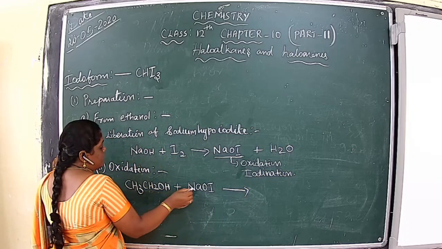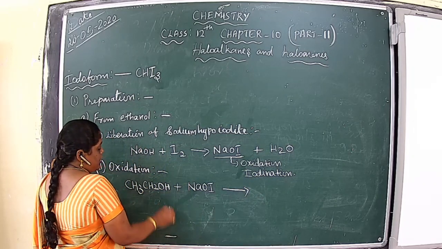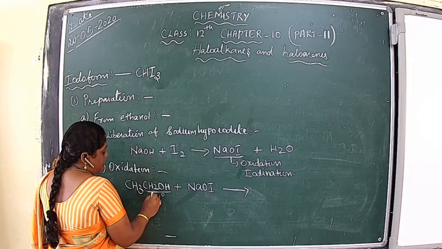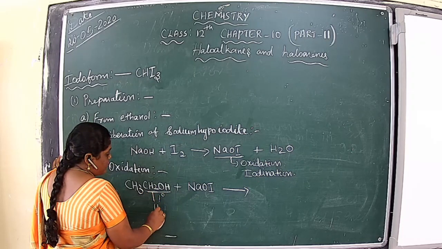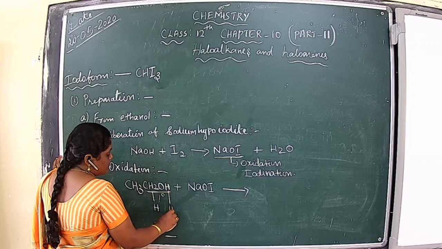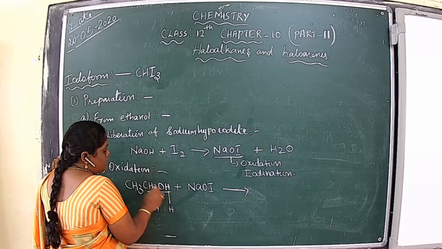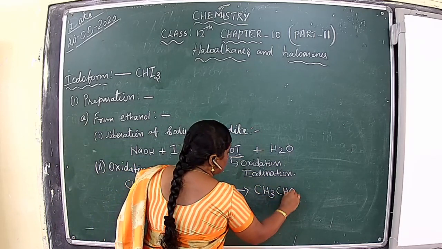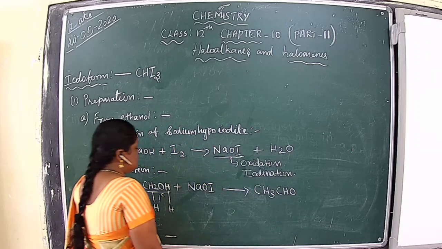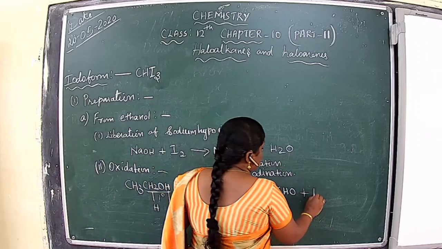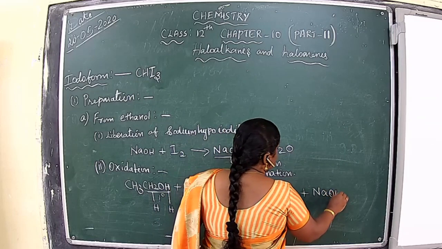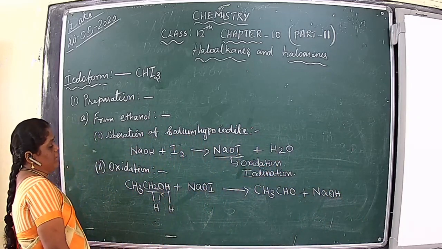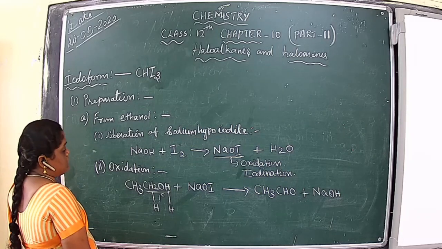We know oxidation happens because it acts as an oxidizing agent. This is a primary alcohol, so we have to remove the hydrogen from here and here also. Yes or no? So we get CH3CHO, acetaldehyde, plus NaOH. Understood? So we get acetaldehyde.